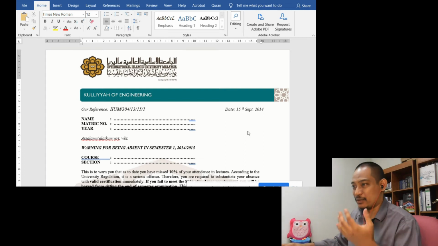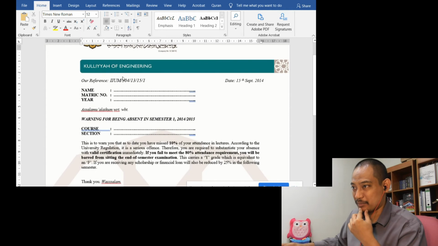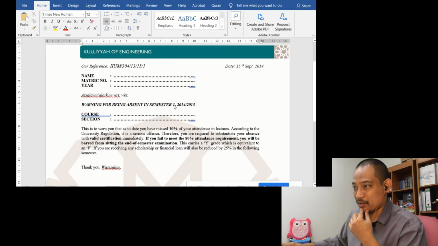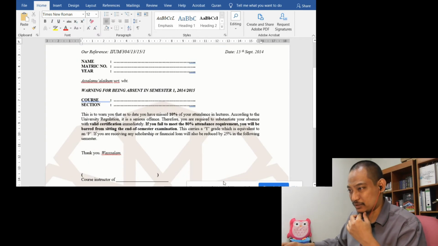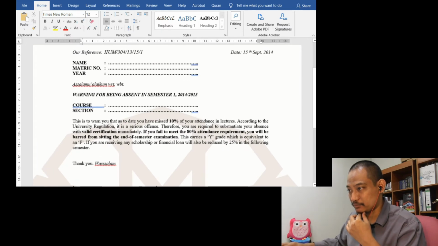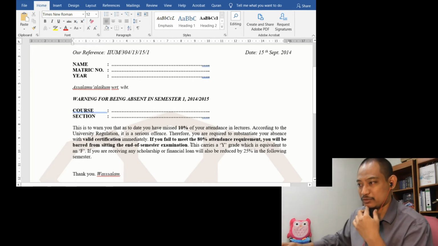You basically have your name, matric number, etc., and what course you have been absent in, and it says that you have missed 10%. If you fail to meet the 80% attendance requirement, you will get barred. And it mentioned here, can you see this? Now, what is important to understand is this. I hope you really understand this.